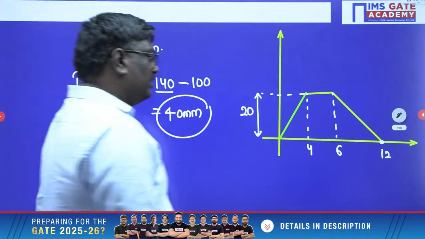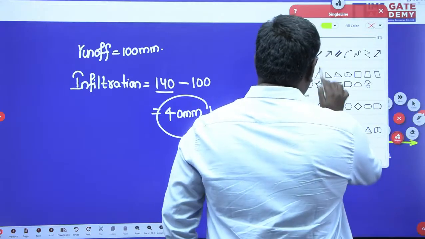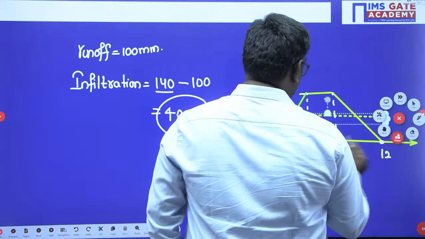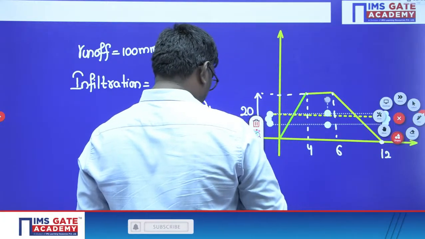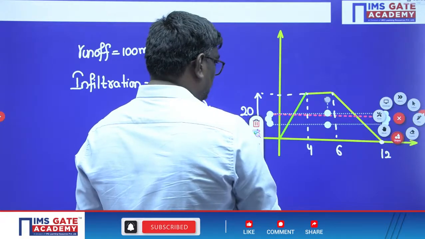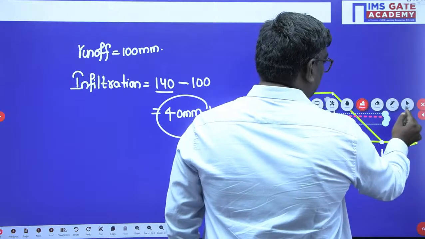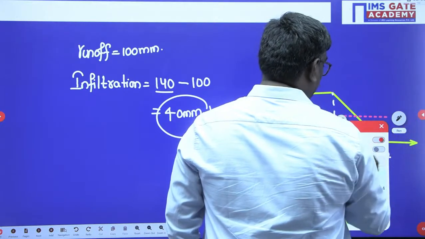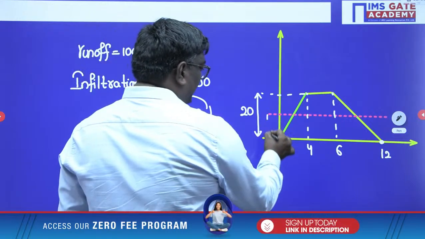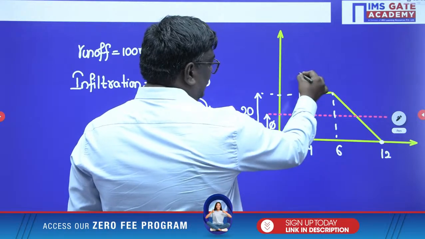Now my dear students, see, this is the important mathematical stuff, sir. Okay. Now my dear students, I have assumed that this is my phi index. And what is the area below?